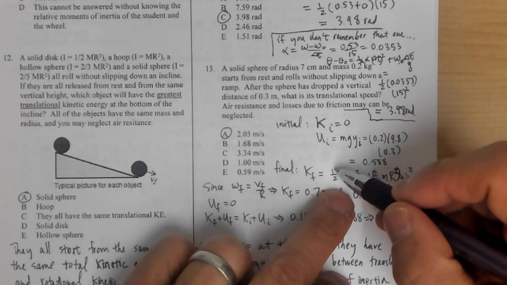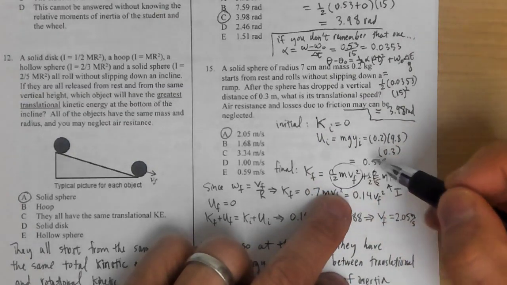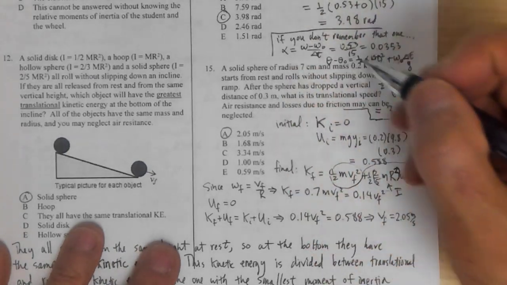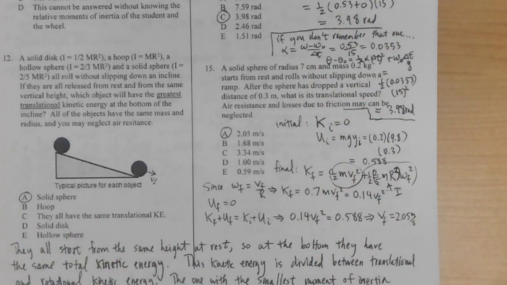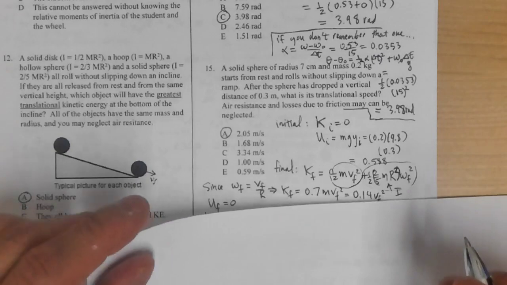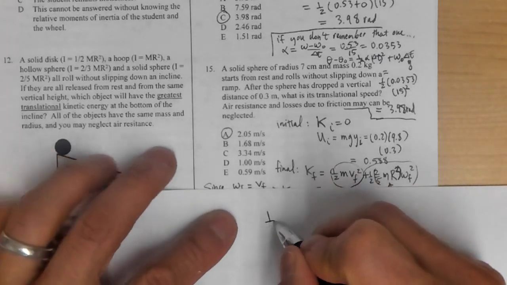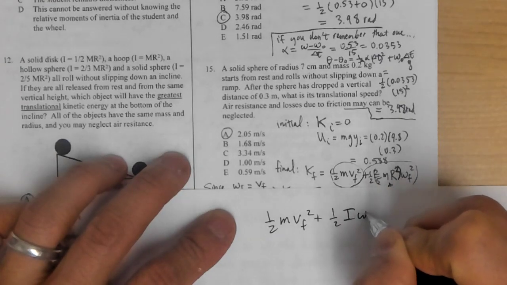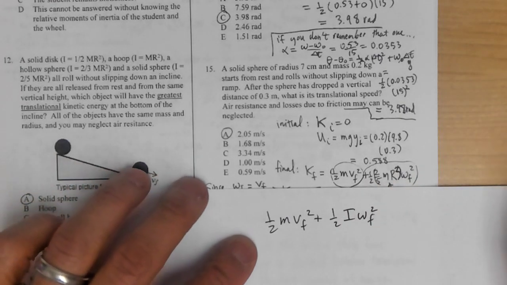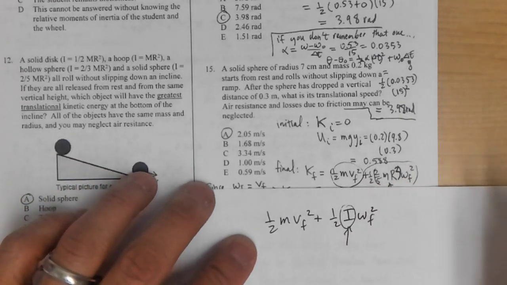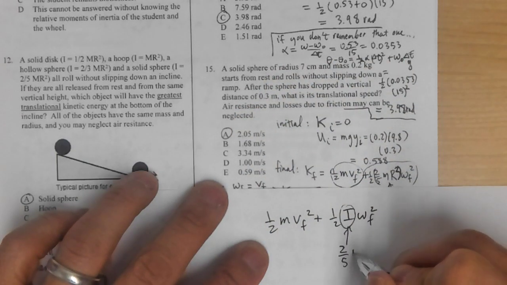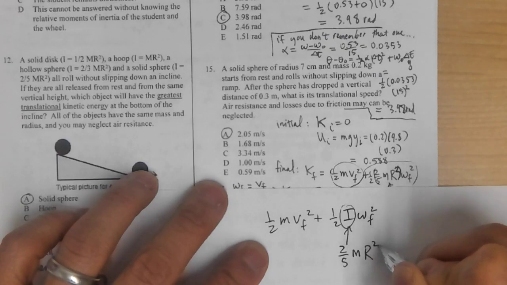Now, here's where the rotational kinetic energy comes in. The kinetic energy is the translational kinetic energy plus the rotational kinetic energy. So we have 1/2 m v final squared plus 1/2 I omega final squared. Now for a solid sphere, I is 2/5 m r squared.